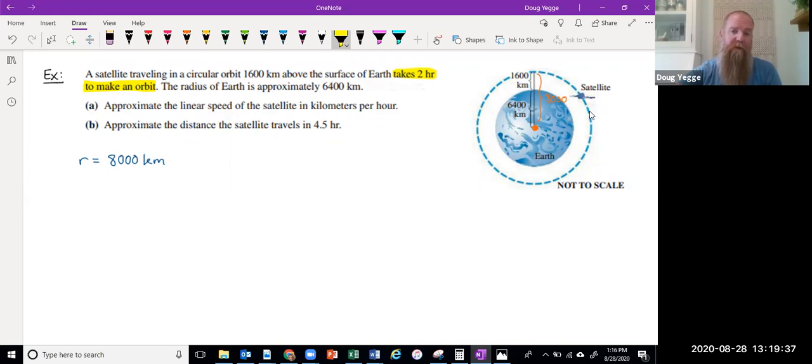We could find out maybe the angular speed. There's lots of ways we could go about doing this. So let's start off by recognizing that if I wanted to determine the angular speed, then I need a certain number of radians per hour, right? And so I can see, first of all, that one orbit is the same as 2 pi radians.